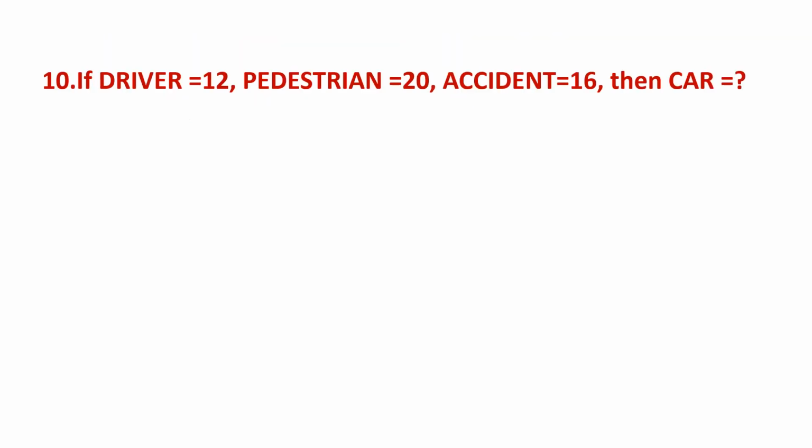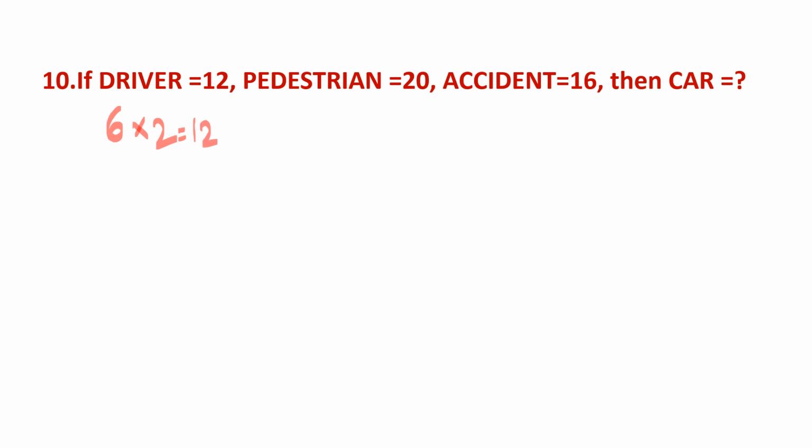If driver is coded as 12, pedestrian equal to 20, accident equal to 16, then car equal to how much? Driver. How many letters here? 1, 2, 3, 4, 5, 6. Total number of letters in driver is 6, but the number he has given us is 12, means into 2. 6 into 2 is 12.